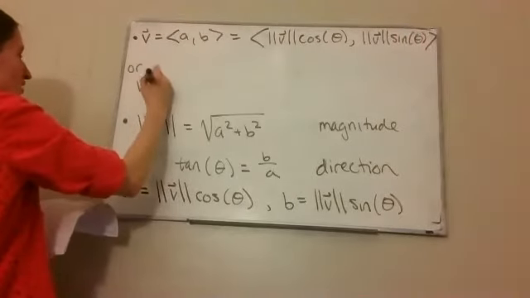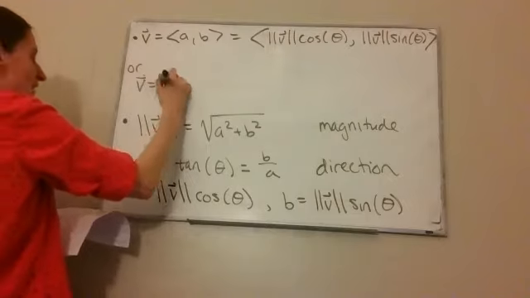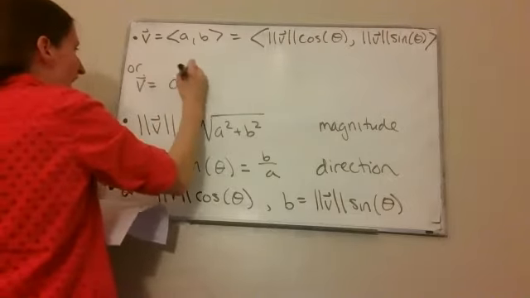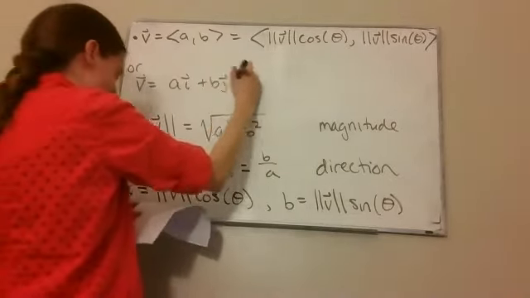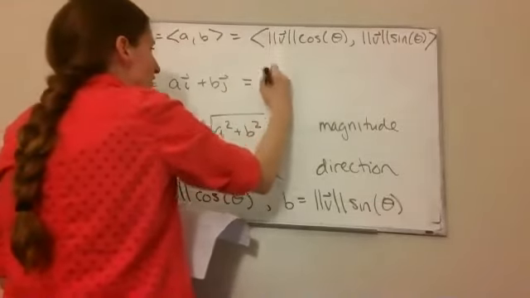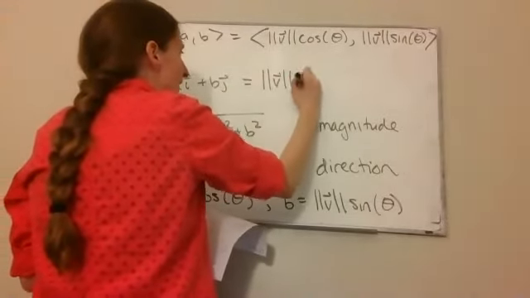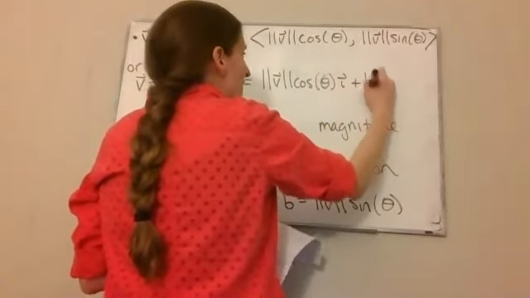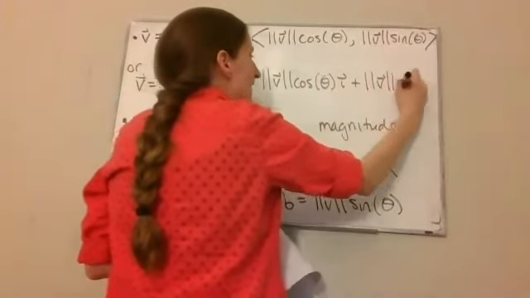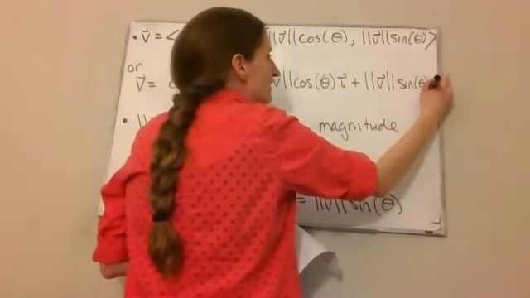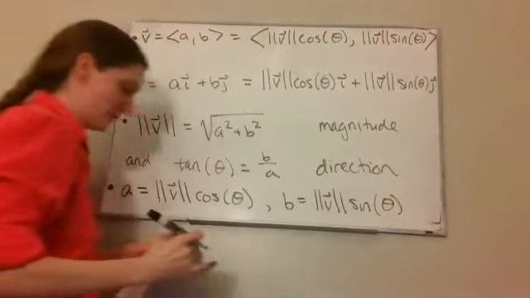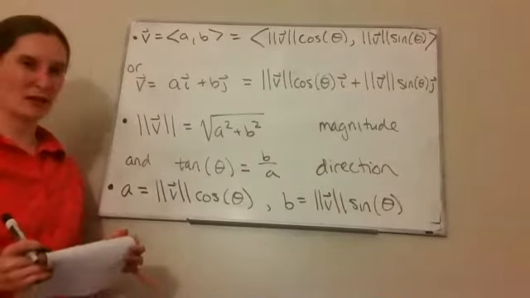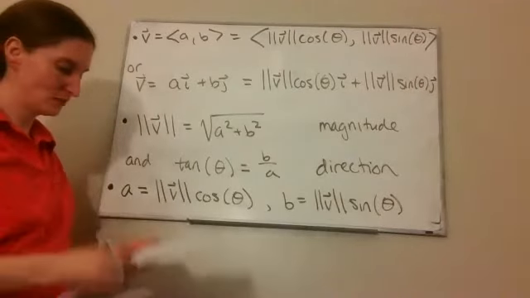Or if I write it in terms of i and j, v is ai plus bj, which is equal to magnitude of v cosine of theta i plus magnitude of v sine theta times j. So these are all different ways that we can write our vector v.